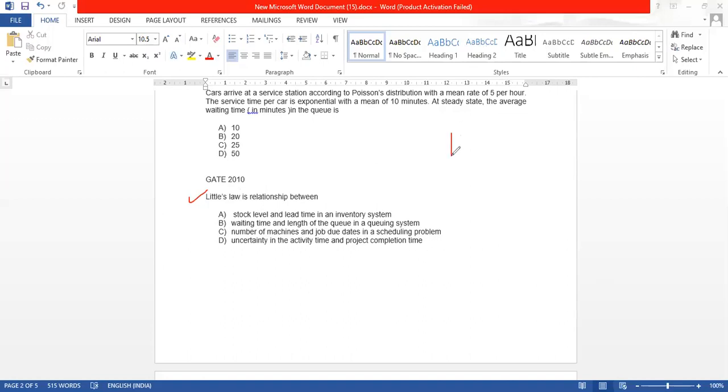I had told you that Little's law gives the relation: length of the system is equal to lambda into Ws, or length of the queue is equal to lambda into Wq. It gives the relation between the waiting time and the length of the queue or system.